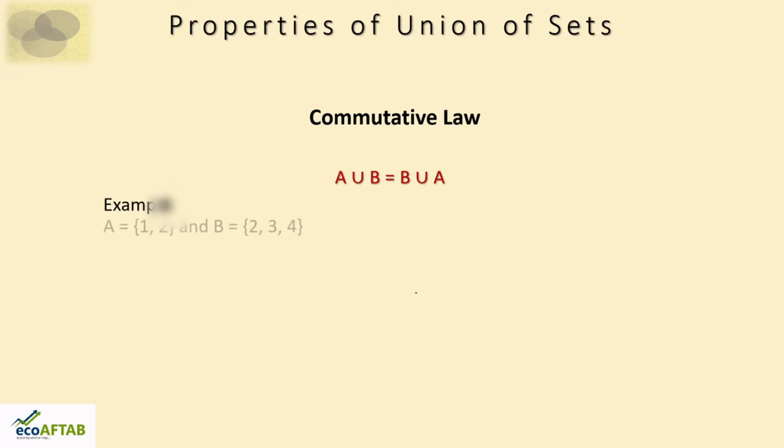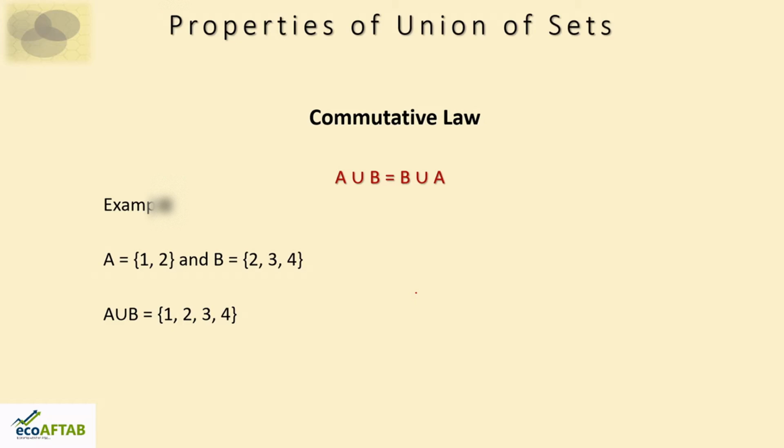Moving ahead, let us see what are the properties of union of sets. First one is commutative property or commutative law. Here A union B is same as B union A. Example, if set A is 1, 2 and set B is 2, 3, 4, then A union B will give us 1, 2, 3, 4, and B union A will give us 2, 3, 4, 1.